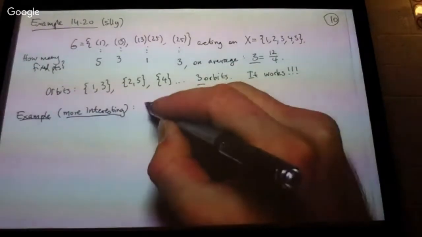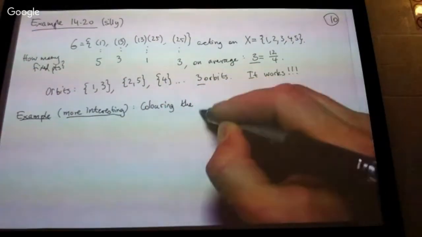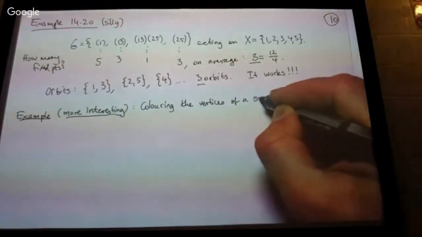It's coloring the vertices of the square.